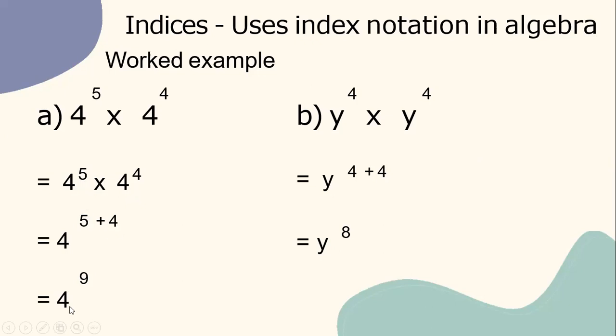So it becomes 4 to the power of 9. Same thing here. For example, y to the power of 4 times y to the power of 4. When you simplify the expression, 4 plus 4 becomes 8. So y to the power of 8.